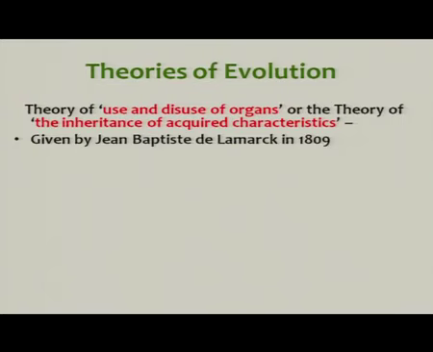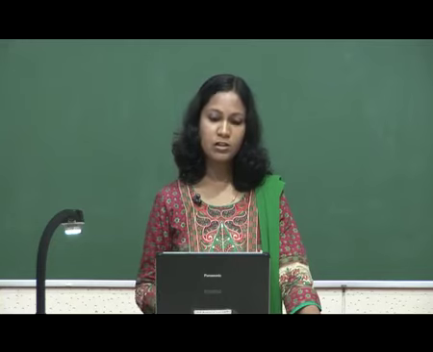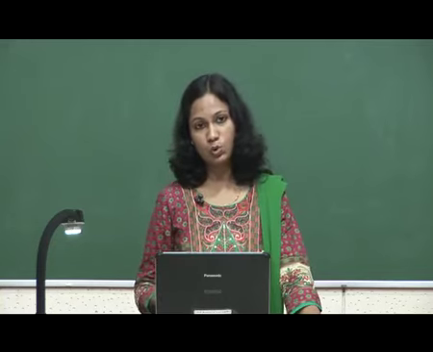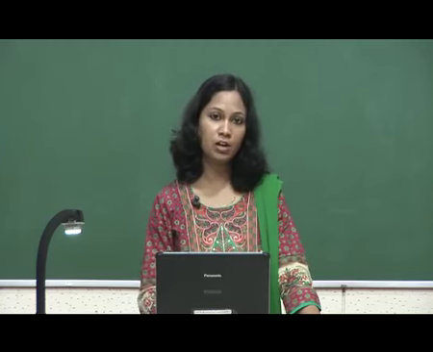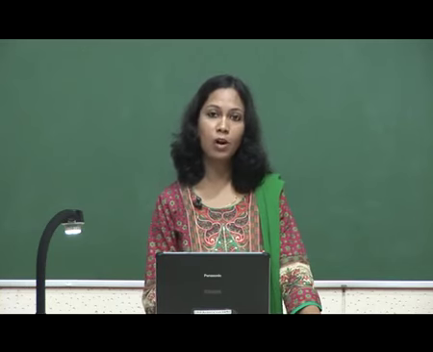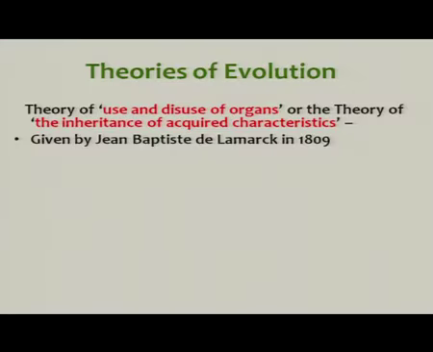I suppose you must know the difference between inherited characters and acquired characters. Inherited characters are those which can be transmitted from one generation to the next, and acquired are those that we acquire from our environment. So, this is the theory of inheritance of acquired characteristics, given by Jean-Baptiste de Lamarck in 1809.